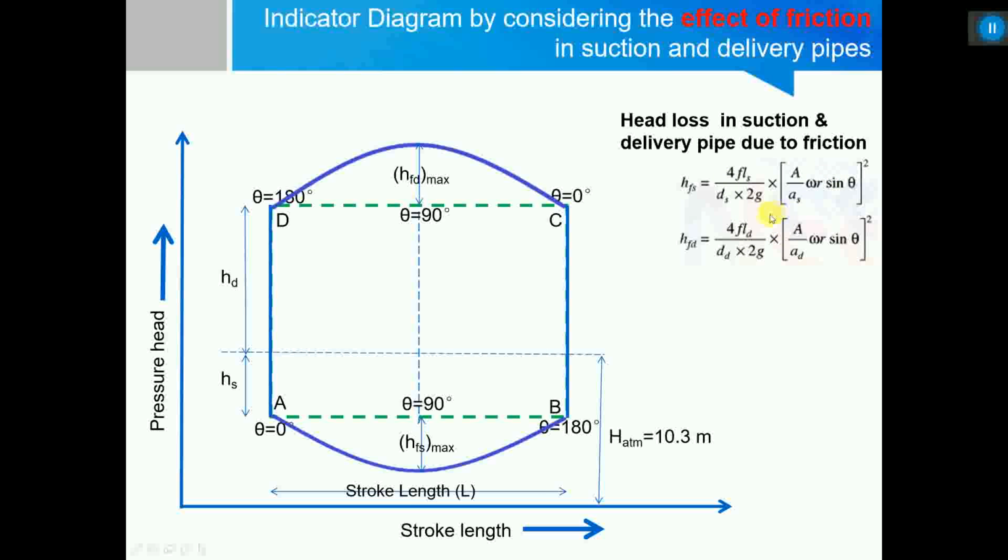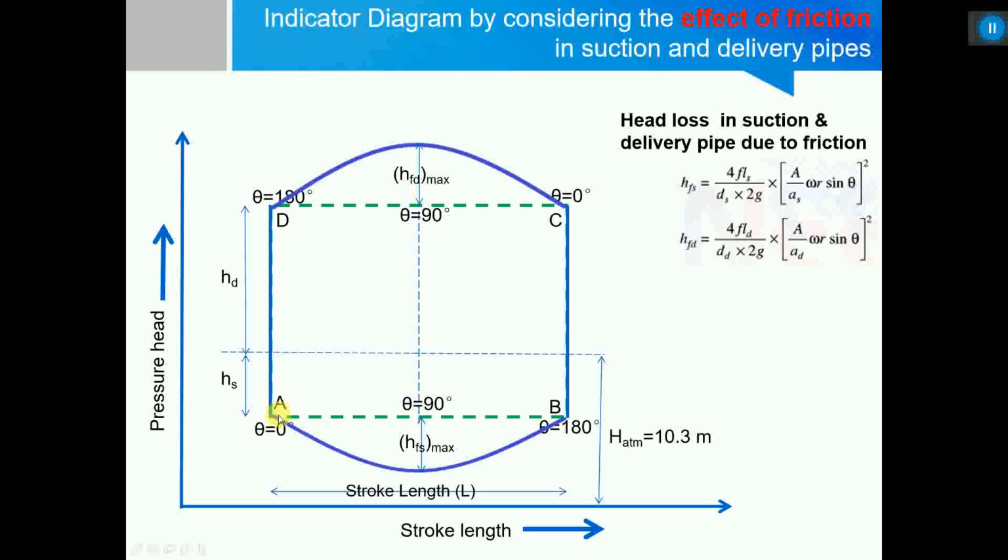But when theta is equal to 90 degrees, the frictional head loss will have the maximum value.